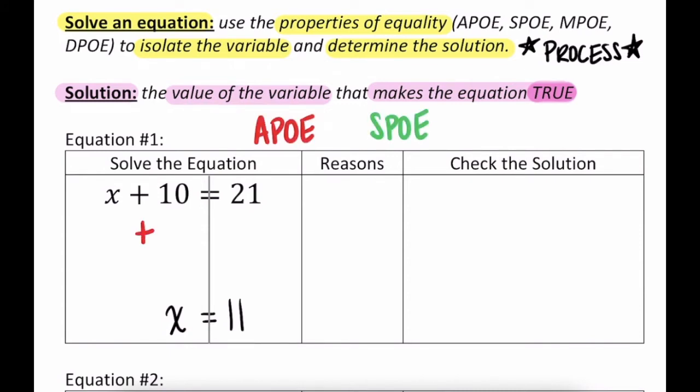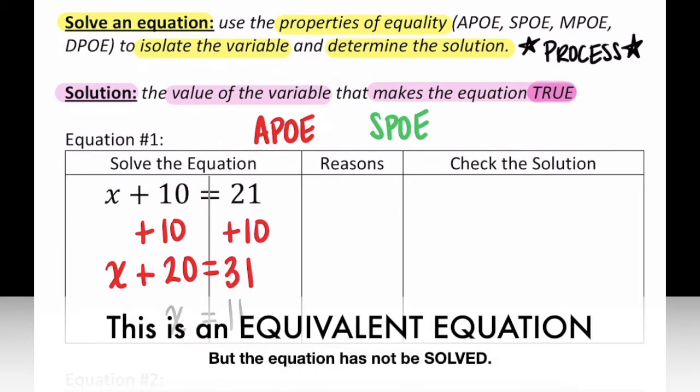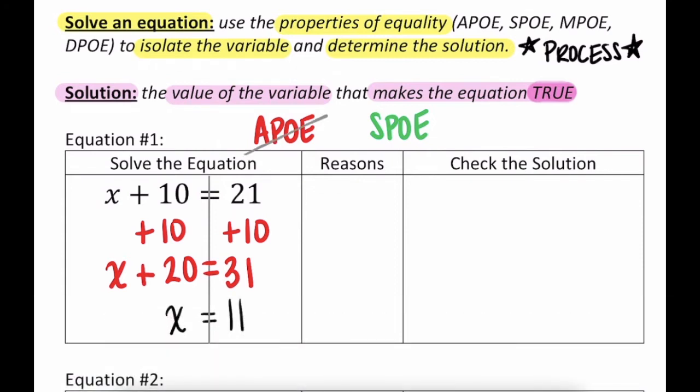If I add 10 to both sides of the equation, does that solve it? Well, let's see. This becomes x plus 20 equals 31. It's an equivalent equation, meaning x still equals 11, but it hasn't been solved. So the addition property of equality did not work here.